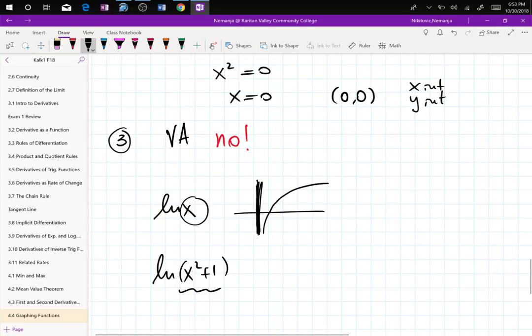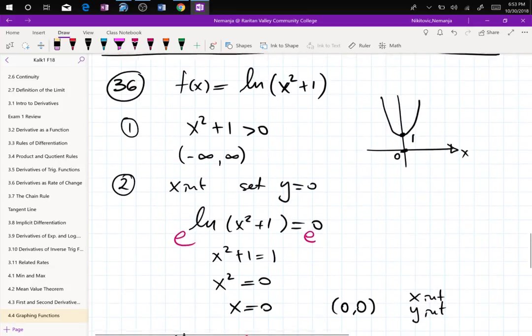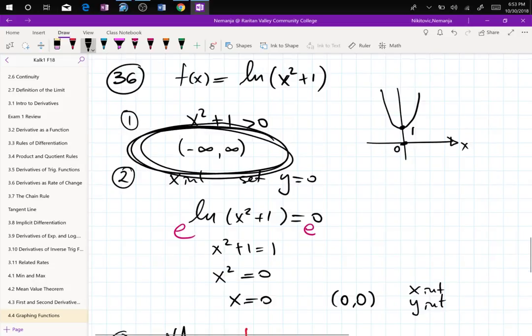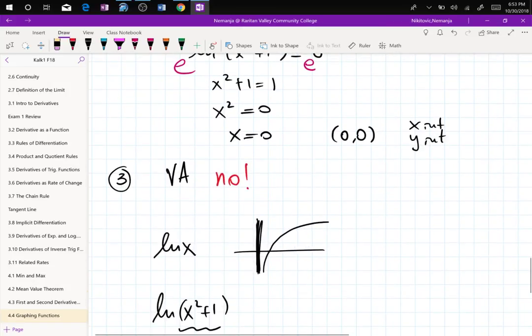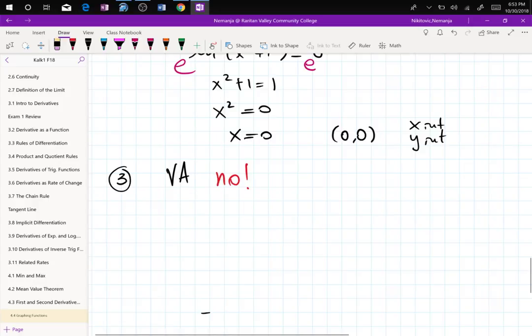So that's why there is no vertical asymptote, even though you wanted it to be there because it's ln. Well, tough luck. In this particular case, no vertical asymptote, and you can immediately claim that because there are no breaks in domain. So no asymptotes of any kind in this case.